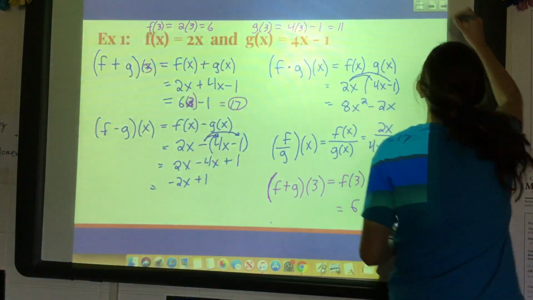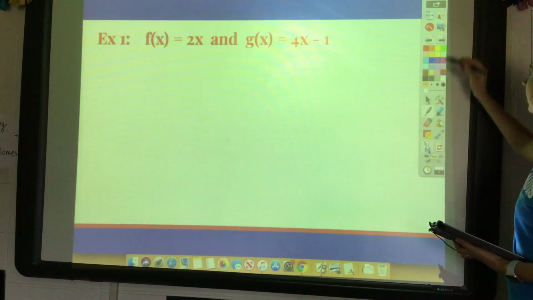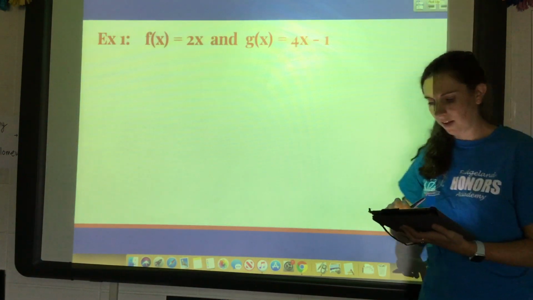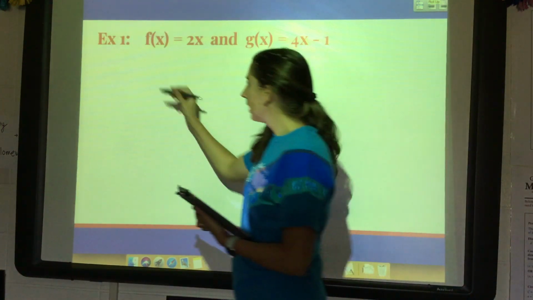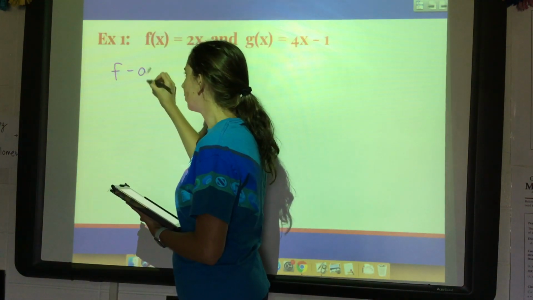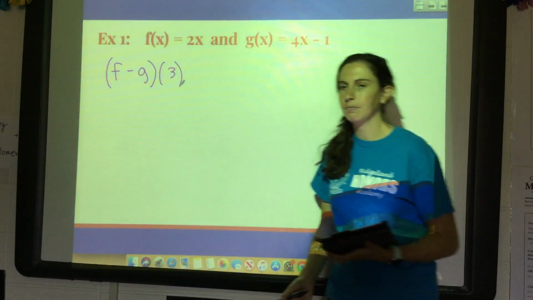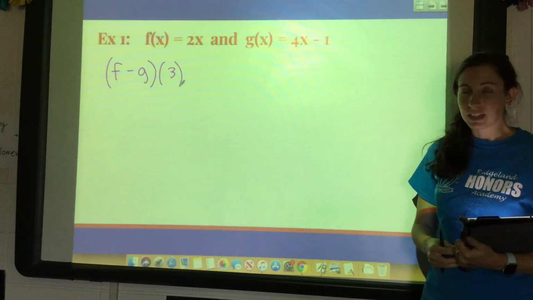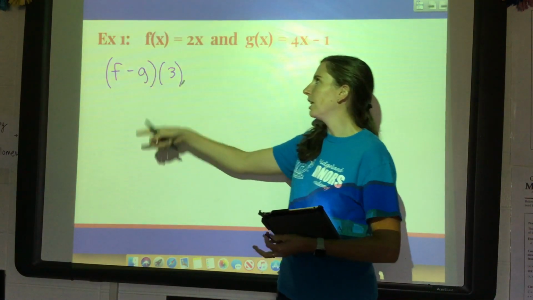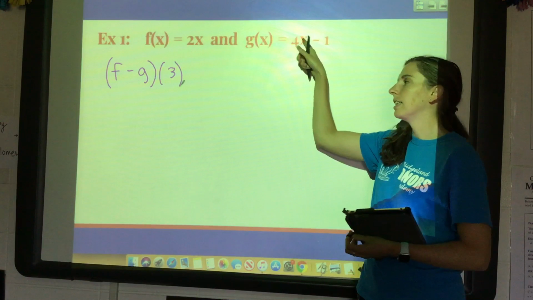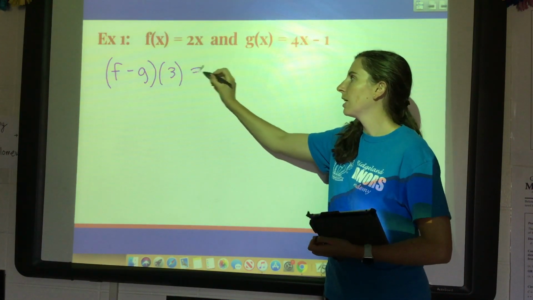Let's try a few more slightly complicated examples here. Okay, what if we did f minus g of 3? Again, you can do it either way. You could do f minus g, like I could do this minus this, then put in the 3, or I could do them separately.